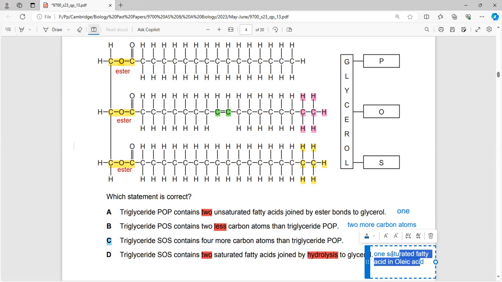That is the difference. When the fatty acid is combining with the glycerol, that is a condensation reaction. So the word hydrolysis is wrong here. So we have a correct option: C is our correct option here.